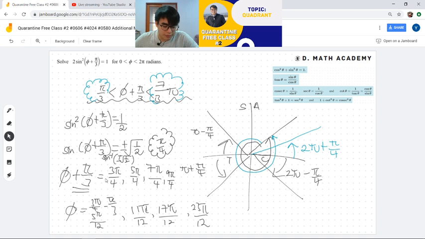So the next that we can accept will be pi minus pi over 4 and pi plus pi over 4 and 2 pi minus pi over 4. Students can at least identify these 3. Okay, these 3 are the default answers that all students should be able to identify.